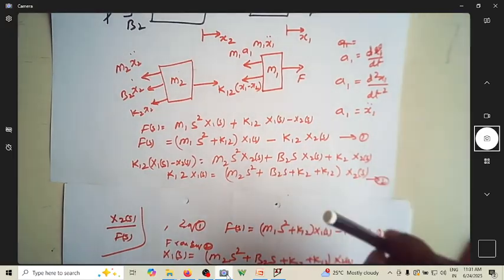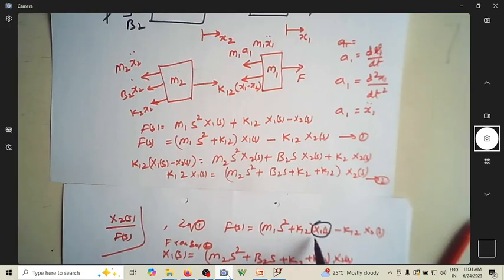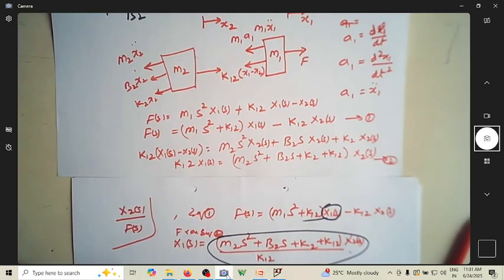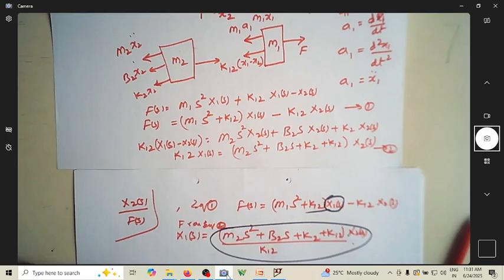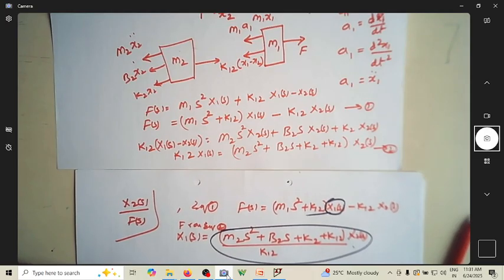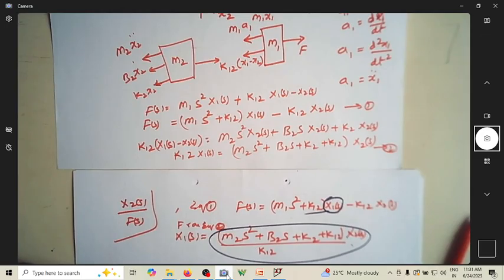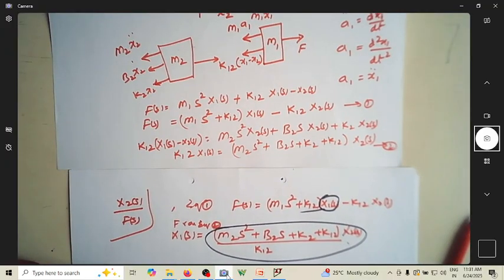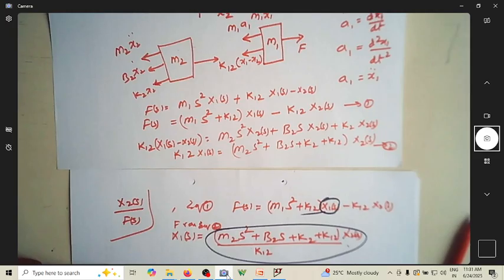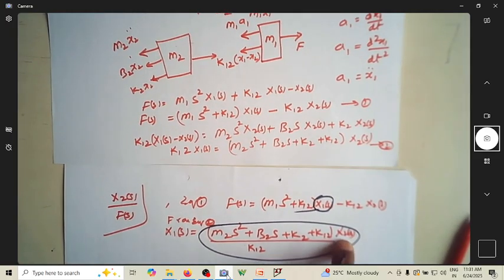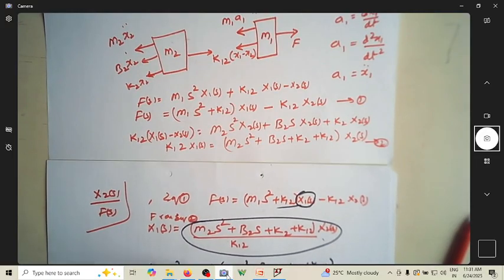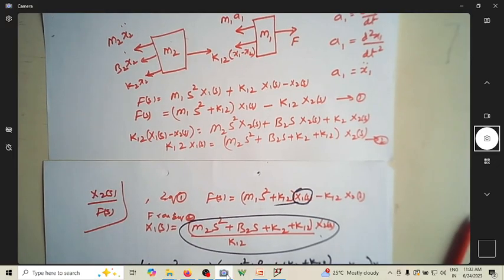I will replace x1 of s by this quantity. So F of s is now equal to m1 s square plus k12 multiplied by m2 s square plus b2 s plus k2 plus k12, divided by k12, minus k12, the whole times x2 of s.